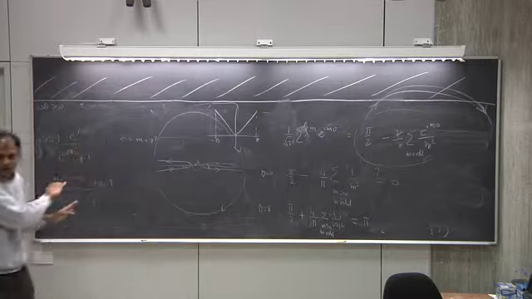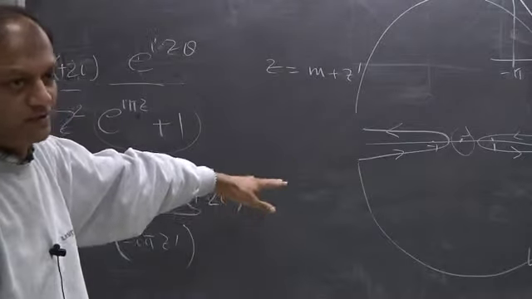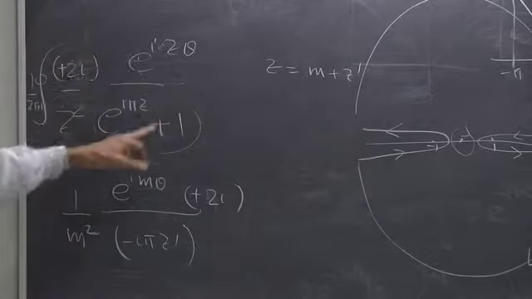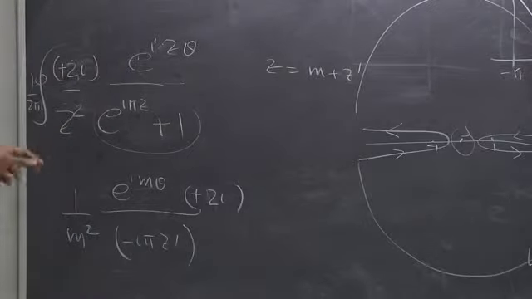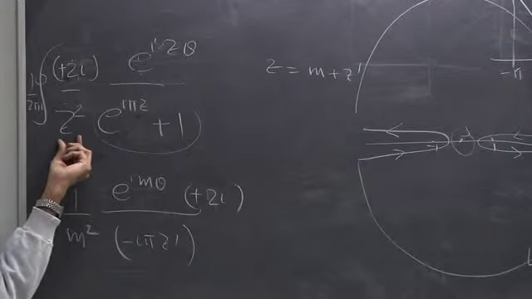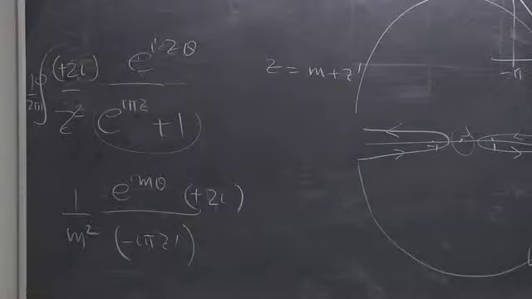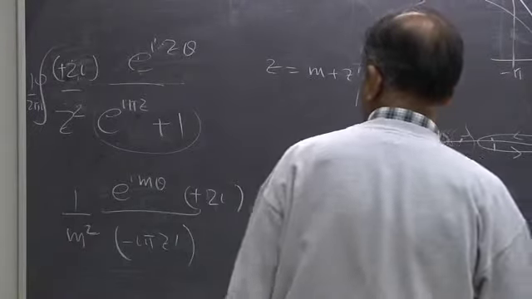I'm going a bit faster because these are exactly the steps we did for the last integral. Now I have to take the residue of this at z equal to 0, which is a second order pole, right? So I have to expand it because I have to pick up the minus 1 coefficient at z equal to 0. That will require a little bit of work, not too much, but let's see.